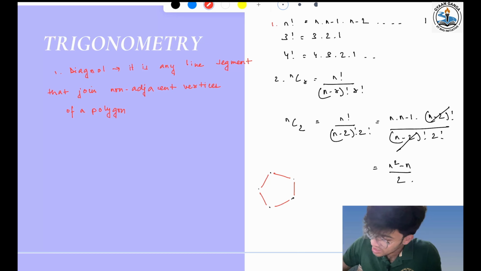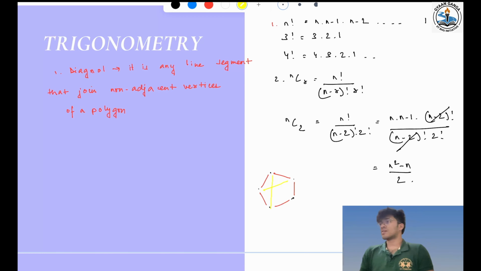Among the diagonals, which I am drawing with the yellow line, the sides also get counted in the expression that I have written. So you need to subtract the number of sides from this expression to get the number of diagonals. All in all, your expression becomes (n squared minus 3n) by 2.